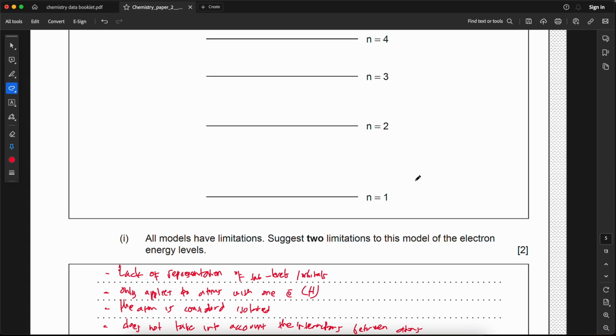The atom is considered isolated and does not take into account the interaction between atoms. It means that it doesn't take into account interaction with other atoms or molecules. In reality, atoms are constantly influenced by their surroundings, like neighboring atoms and electromagnetic fields.